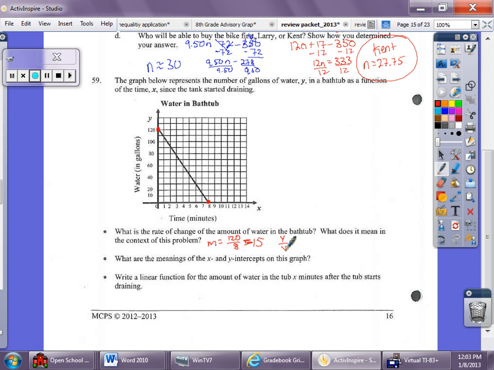The slope is y over x, 15 over 1, where y stands for water in gallons and x stands for time in minutes. So every minute, 15 gallons of water is being drained.